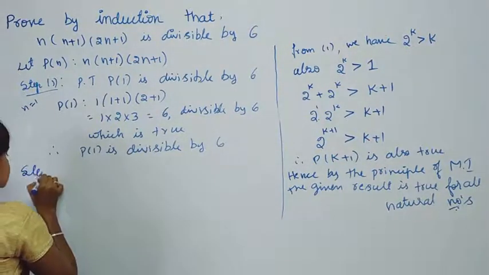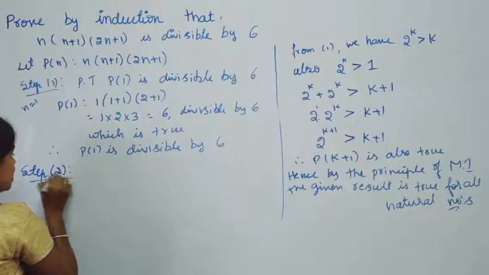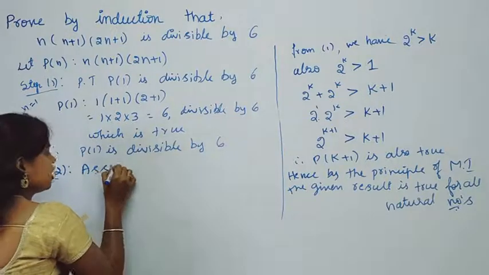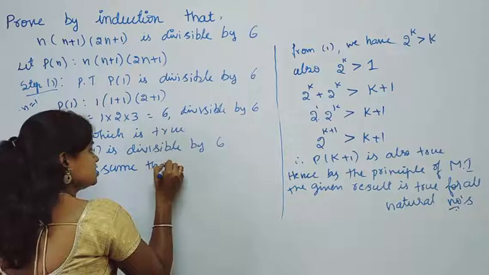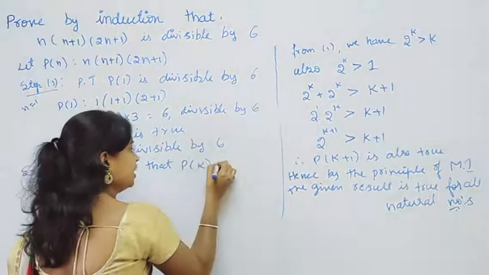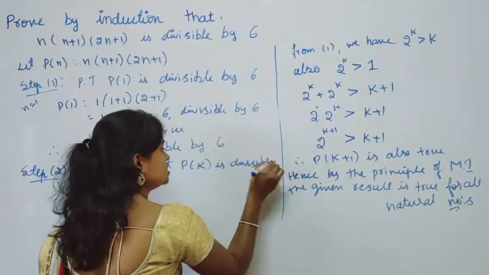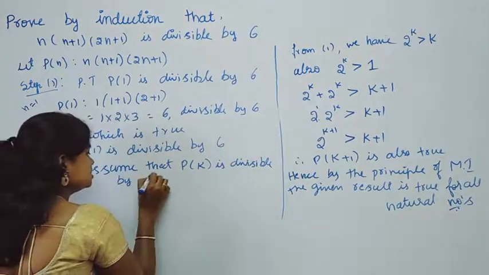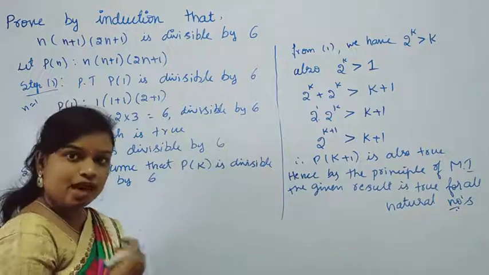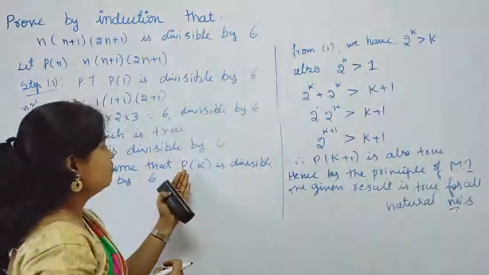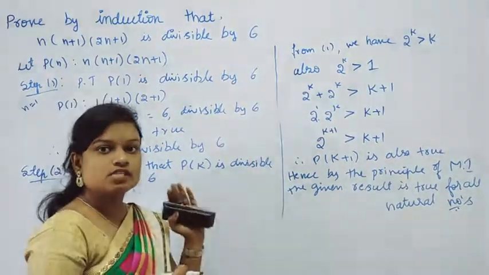What is step 2? Step 2: assume P of k is divisible by 6. So in step 2 we have to assume that the given statement, P of k, is divisible by 6.